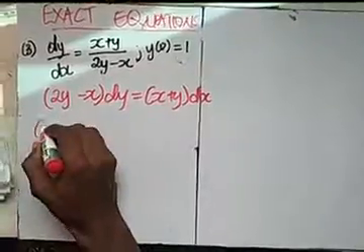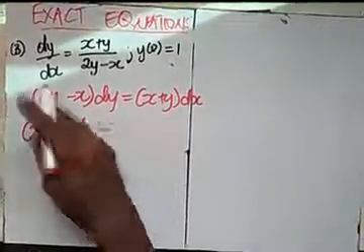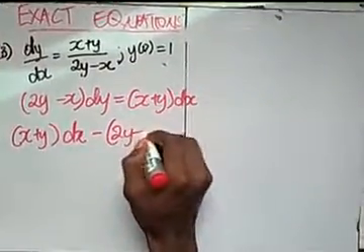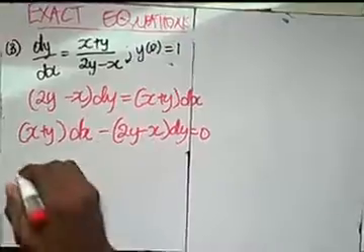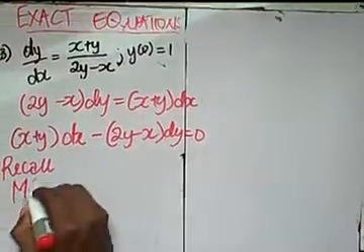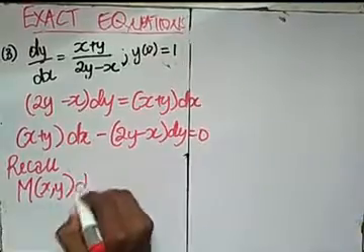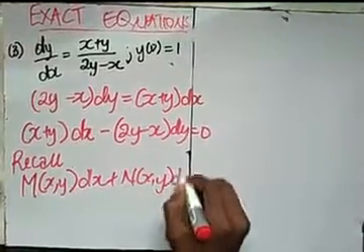So we have (x plus y) dx minus (2y minus x) dy equals 0. So we call our exact equation. So our exact equation is M(x, y) dx plus N(x, y) dy equals 0.